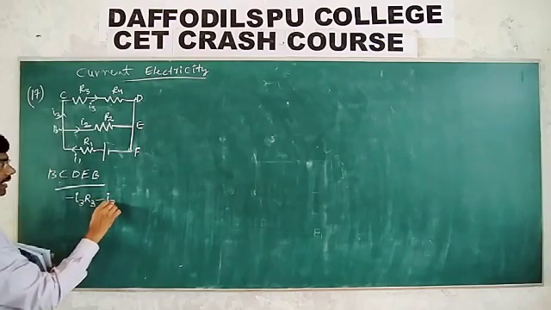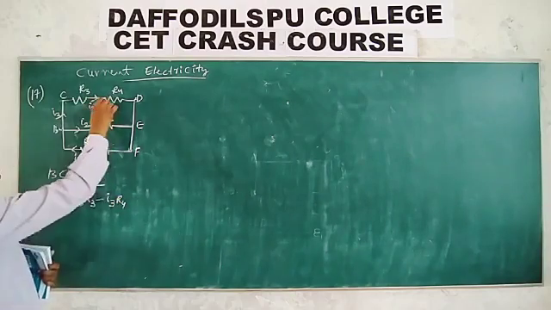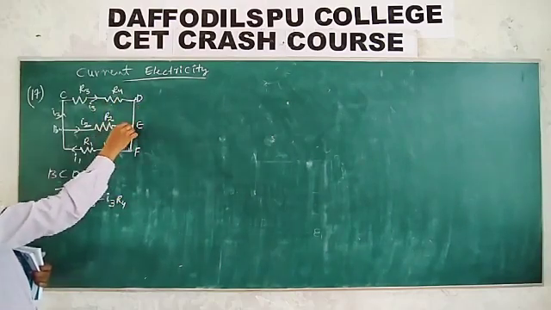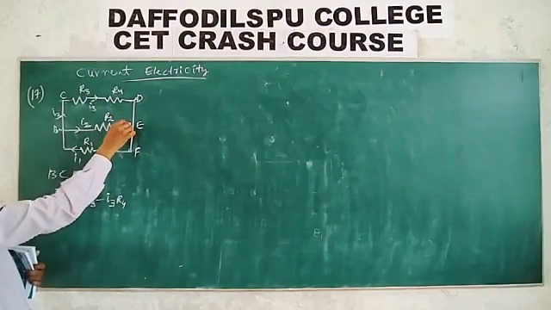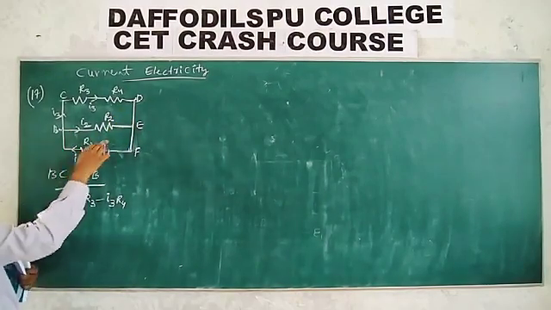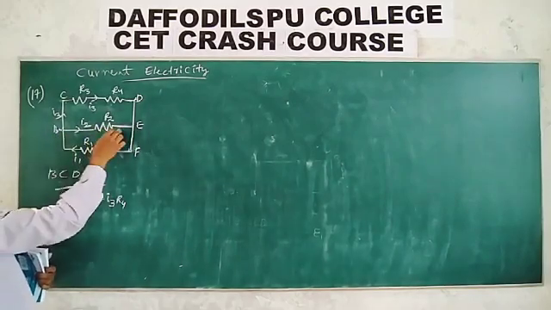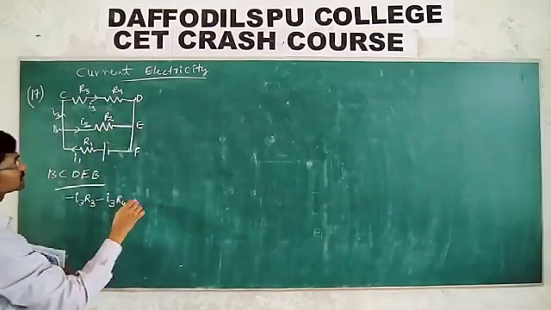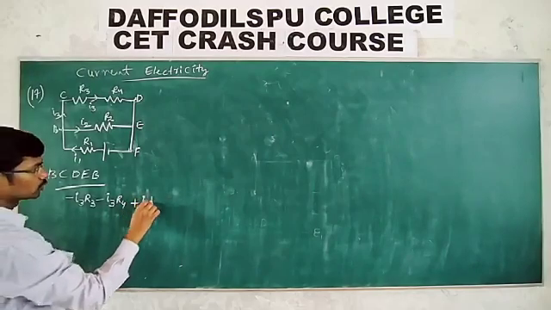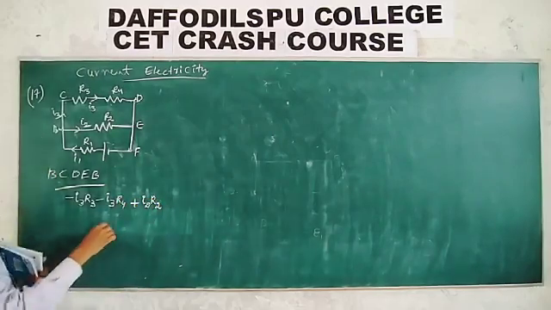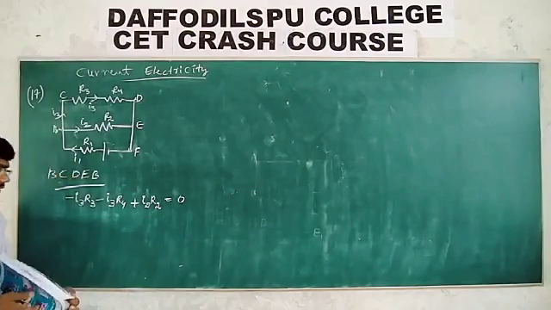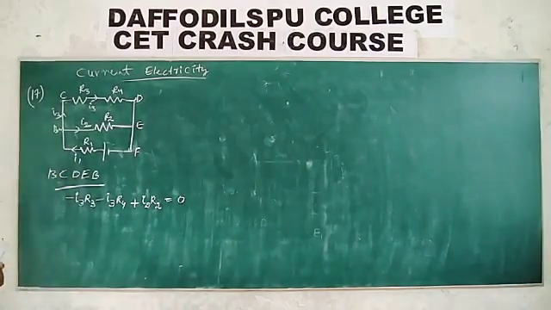Similarly, minus I3 R4. Now D to E, no component. Again from E to B, we are measuring from E to B, but the current is flowing in the opposite direction, so plus I2 R2 is equal to 0. Then what option do we get? First option.